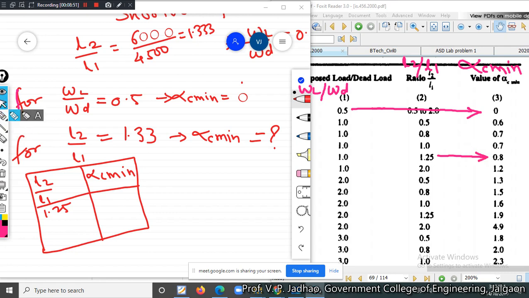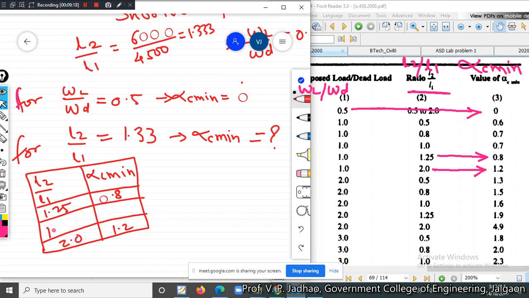For L2 upon L1 of 2.0, the alpha C minimum is 1.2. Then for a ratio of 1.3333 or 1.33, we can calculate the value of alpha C minimum by interpolation. So just interpolate, and we will get the value of alpha C minimum.